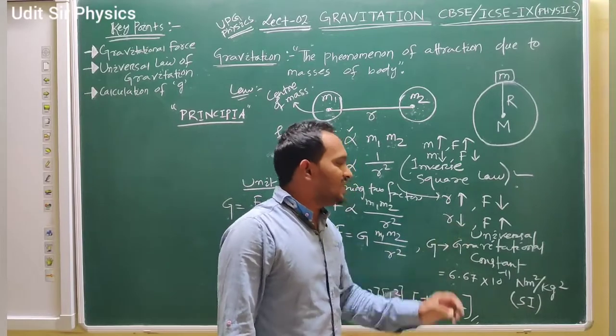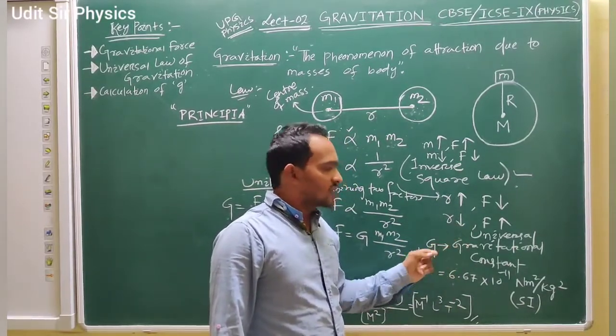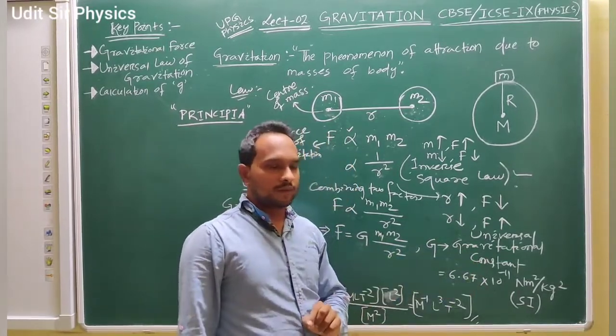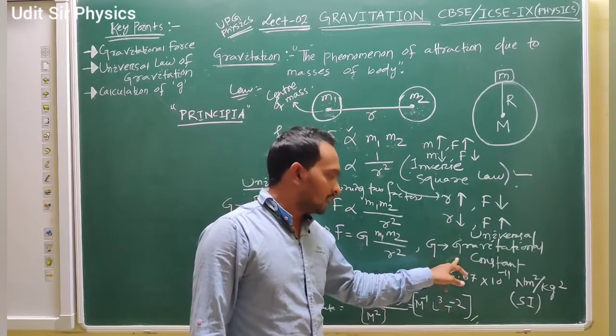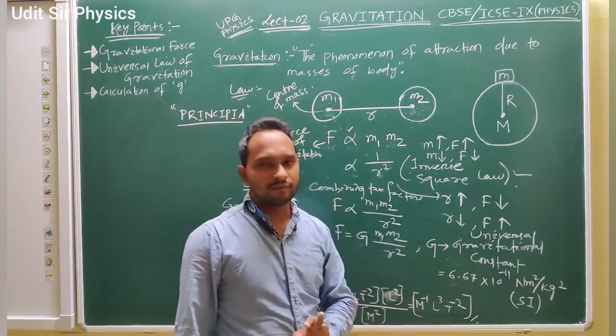So here the question is, what is the gravitational constant, and why is its value always fixed, always constant? Constant means the number 6.67 into 10 to the power minus 11.